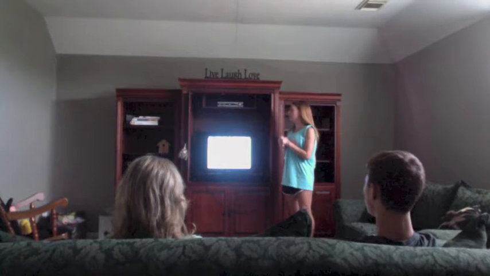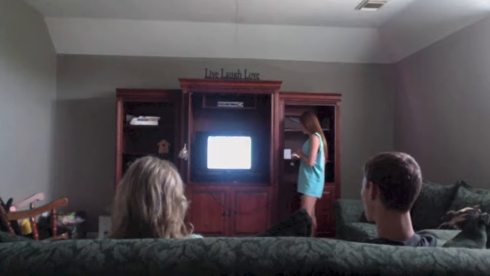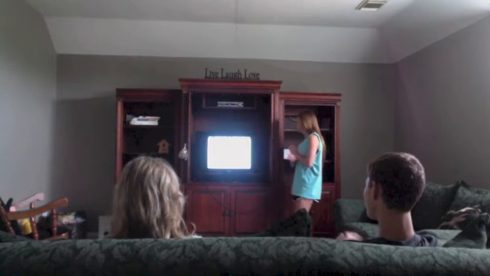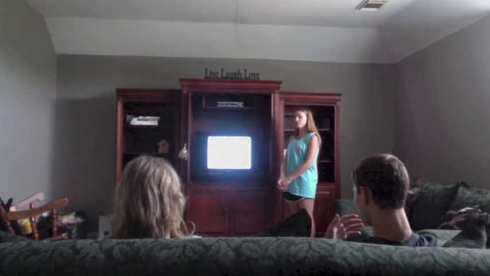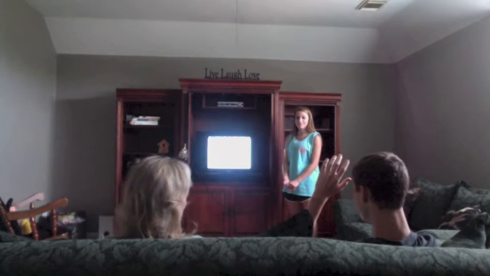So who can tell me what our fraction is? Mason, what's our fraction? It's 2/8. That is right. Good job. Okay, so you can go ahead and color that one in on your worksheet.